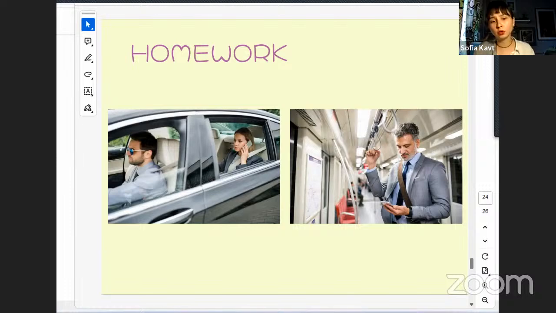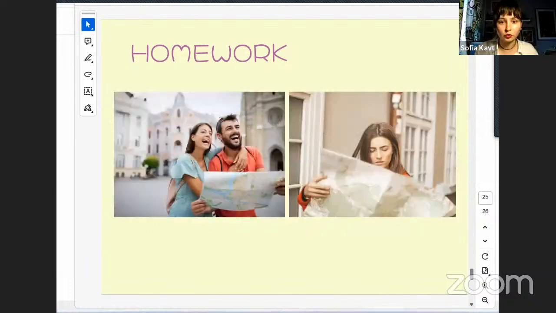Okay, so these two pictures are related to the topic of transport, and we are comparing commuting by car or commuting by public transport. And finally, let's take a look at the last pair of pictures.